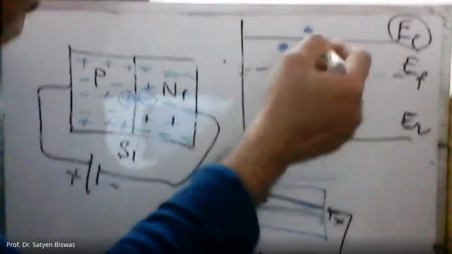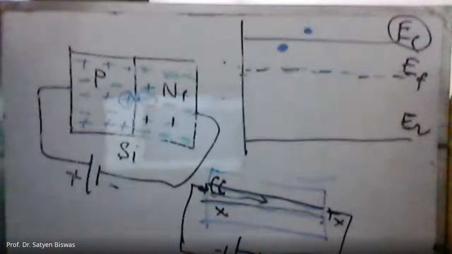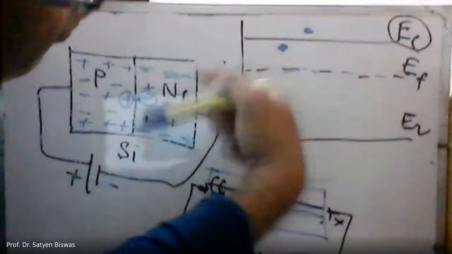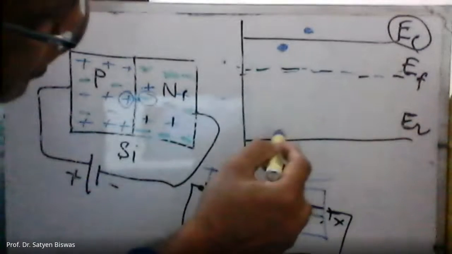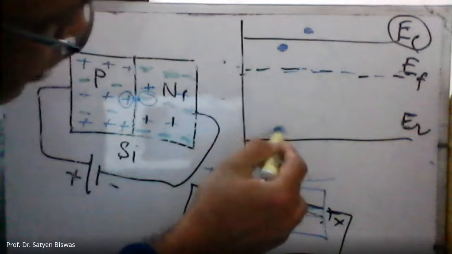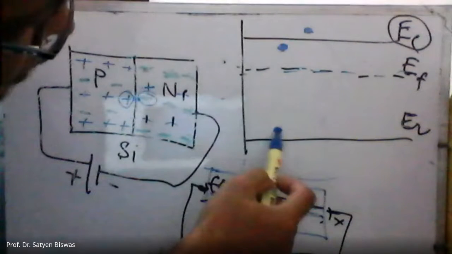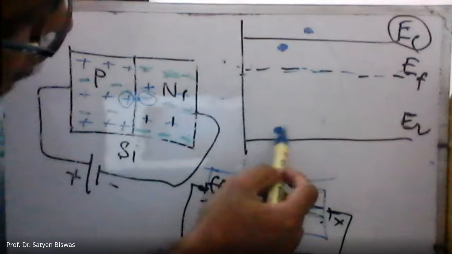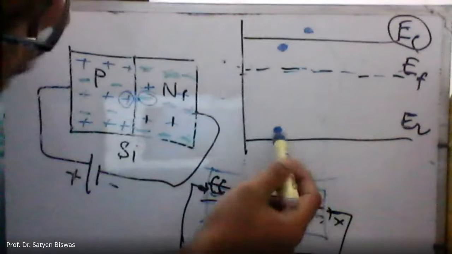These electrons are free to move because they have enough energy. Right? They have enough energy to move around. But if you consider the electrons here at this point, that means this electron has a very low amount of energy. And these electrons actually prefer to sit here instead of moving around.